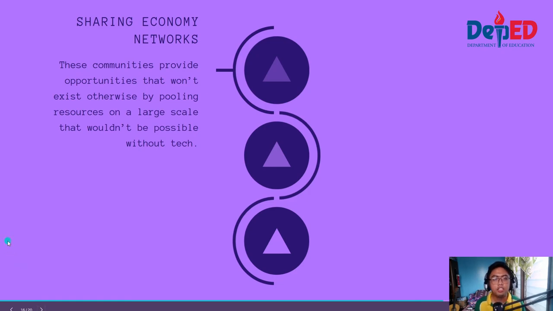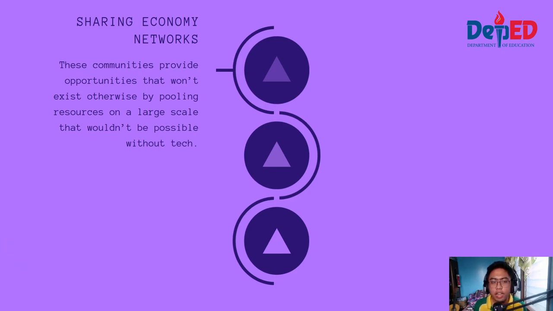And we also have sharing economy networks. Sharing economy networks are, for example, Airbnb. These communities provide opportunities that wouldn't exist otherwise by pooling resources on a large scale that wouldn't be possible without technology. For example, I gave Airbnb.